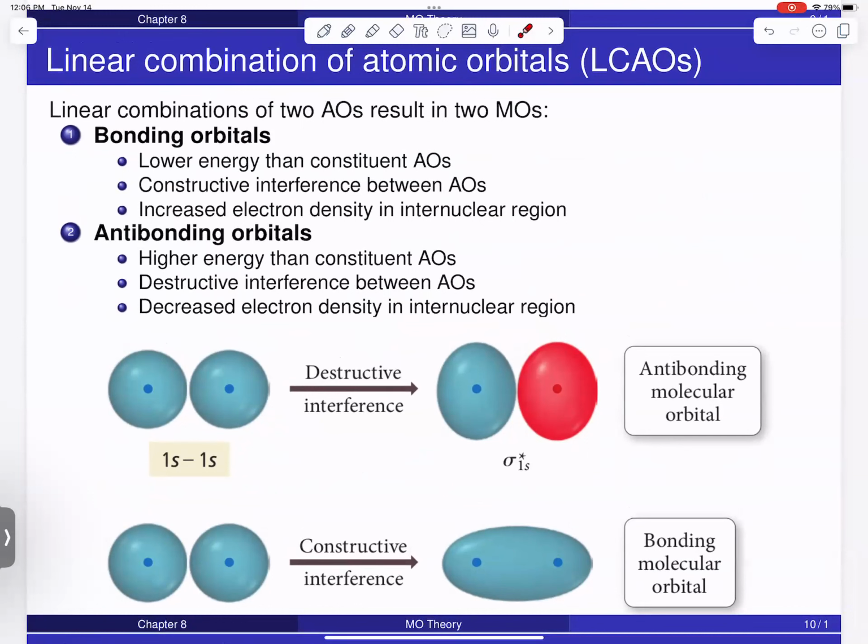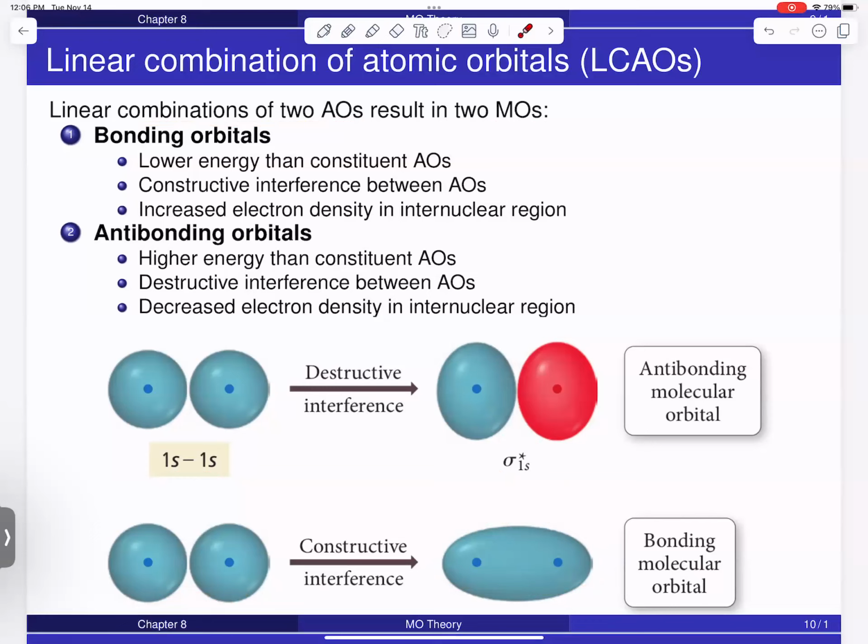So what I mean by that is if I take a linear combination of two atomic orbitals, we will get two molecular orbitals. And we saw that previously in the last two slides. Taking the sum of the two 1s orbitals gave us our sigma 1s bonding orbital, and taking the difference gave us our sigma star 1s antibonding orbital.